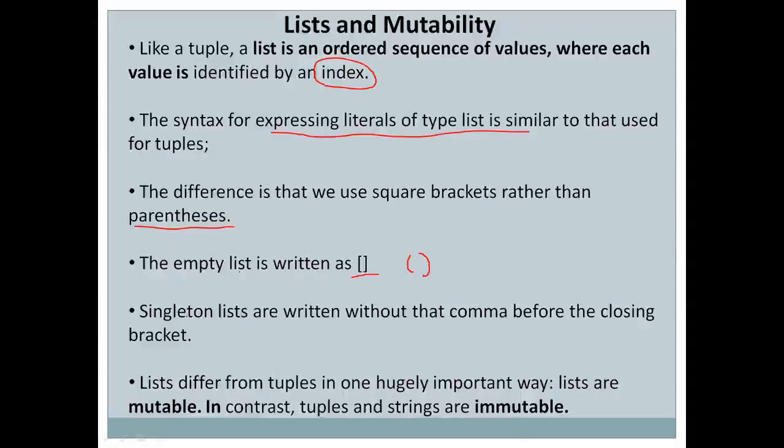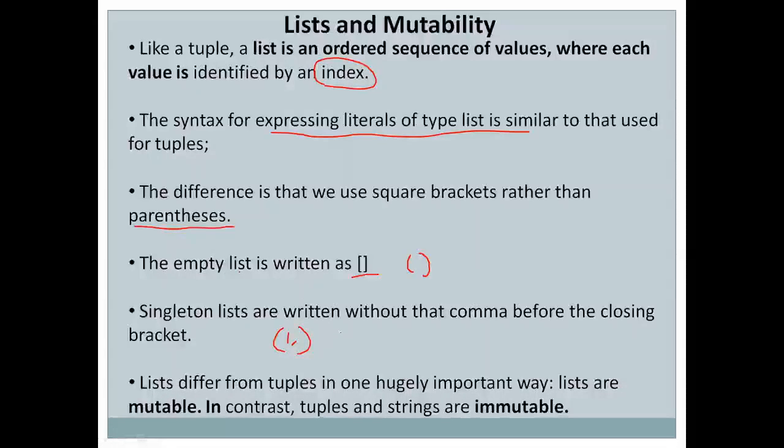Now in case of a singleton list, it is written without the comma before the closing bracket. Remember, a singleton tuple, if it has only one element, is declared as the element, then a comma. So this is a singleton tuple.